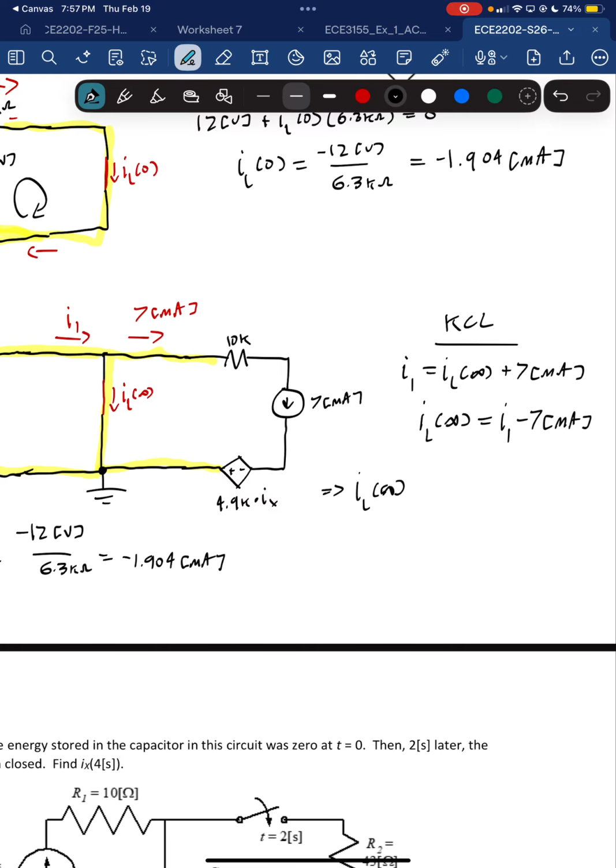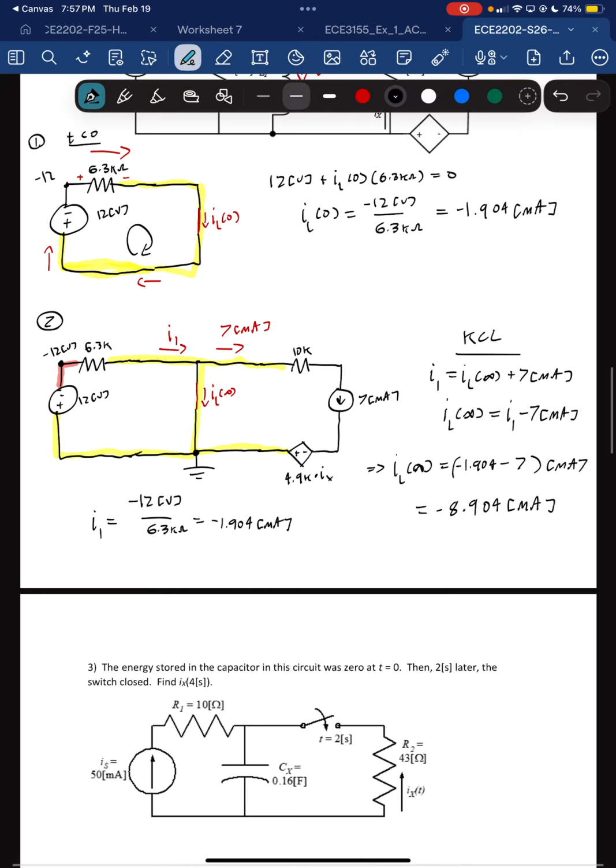So IL of infinity is equal to negative 1.904 minus 7 milliamps, which gives us negative 8.904 milliamps.